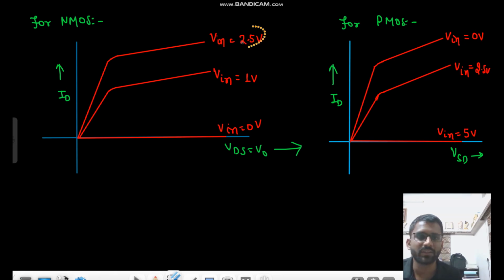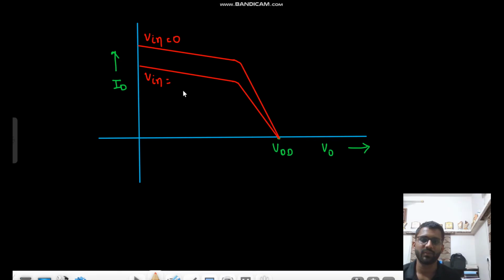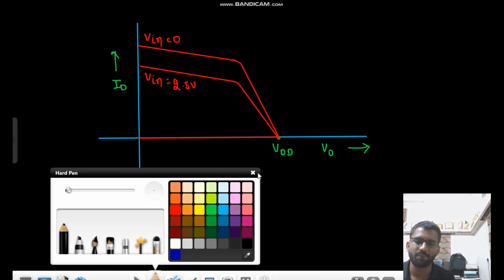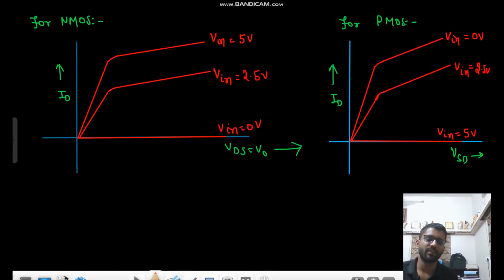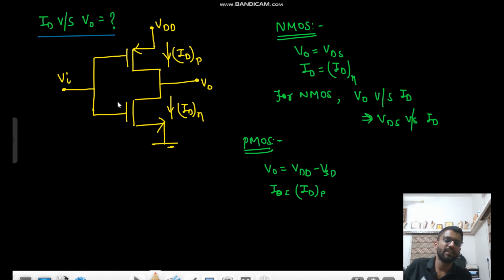If we have written 0 here, we should write 5 volt there. Just taking these values 0, 2.5 and 5 only. If Vin equals 5 volt, then the current is 0.